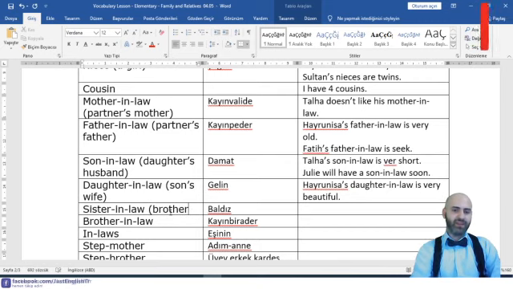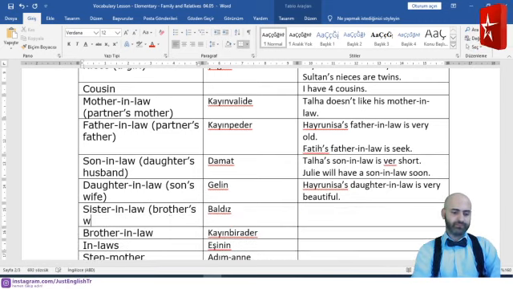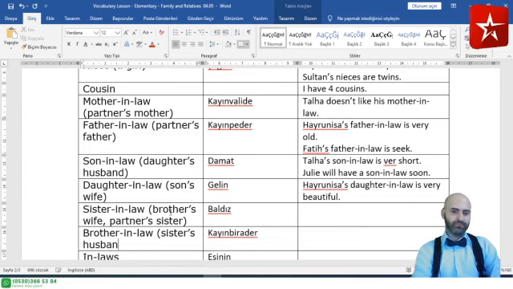So it can be brother's wife or partner's sister. And brother-in-law is your sister's husband or partner's brother.